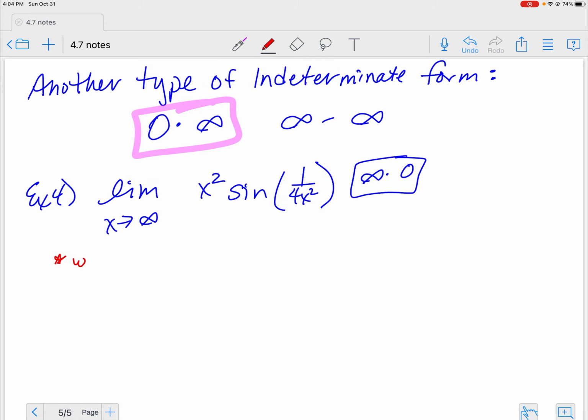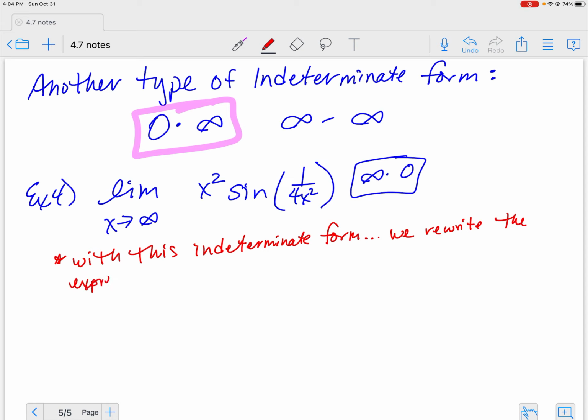With this indeterminate form, we rewrite the expression to be rational. And why does it have to be rational?